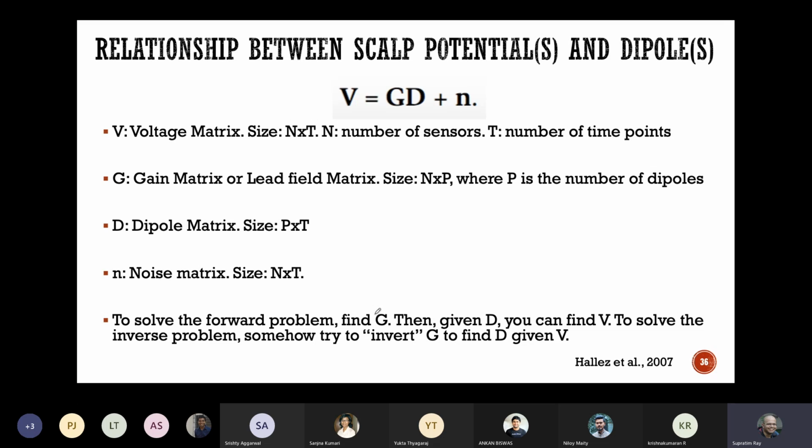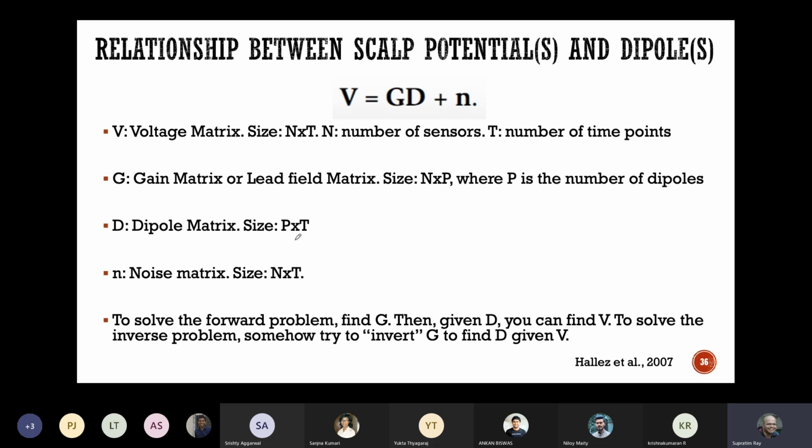The inverse problem is harder because there you are given V and you have to find D. Then you need to somehow invert G. And we will see it's not an easy thing to do in most of the cases. But we will talk about that also in the next class.